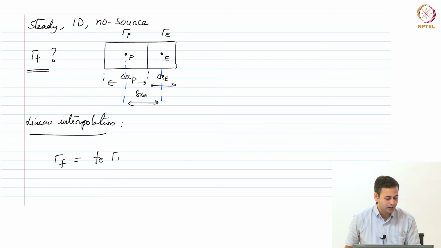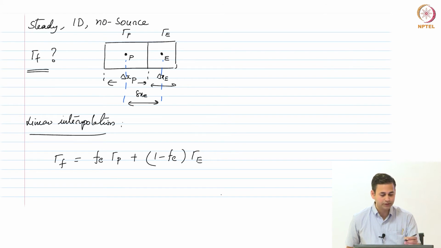So gamma f equals fe times gamma P plus 1 minus fe times gamma E, where fe is the ratio of the lengths that I have. And what are those lengths? Those lengths are this length to the total length. That would be fe.